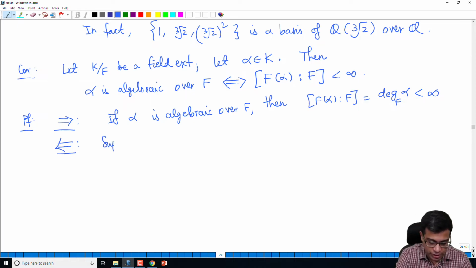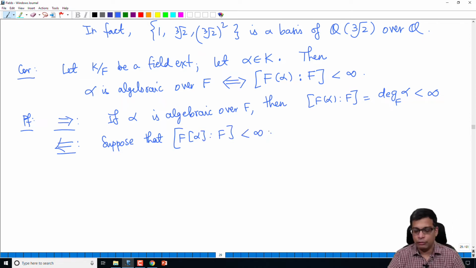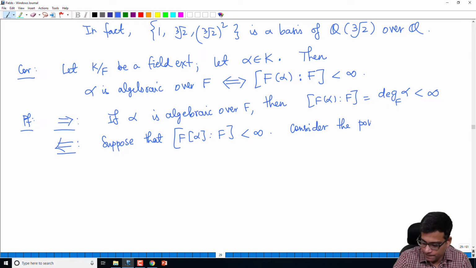Now suppose that the degree of the extension is finite. We want to show that alpha is algebraic, and this uses the proof of the theorem. In this case we consider the powers of alpha. In other words, I consider 1, alpha, alpha squared, alpha cubed, and so on.